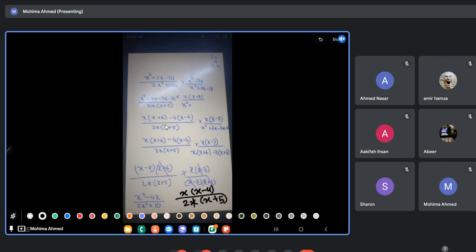That means you can easily cancel out these two x's together. There's no point of multiplying there, right? You can automatically cancel them out. So at the end, you're going to have x minus 4 in the numerator and 2x plus 5 in the denominator. Is this clear?